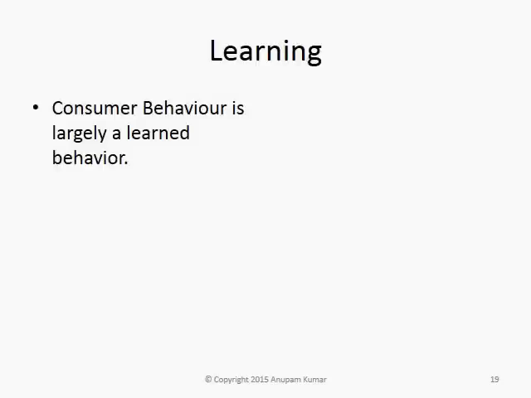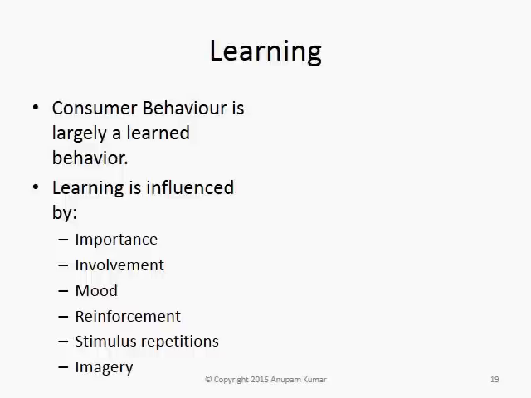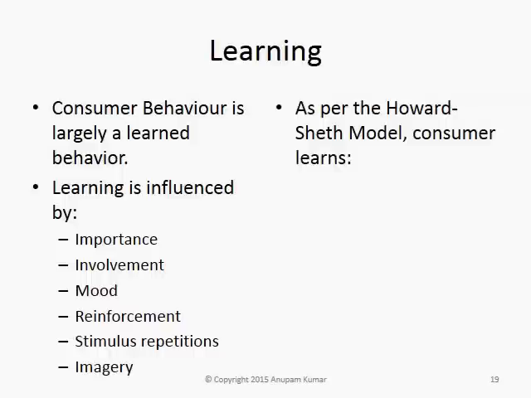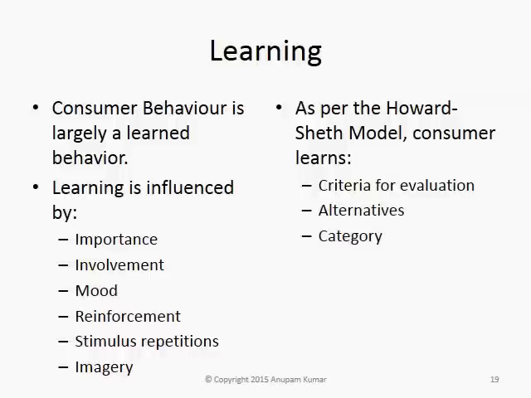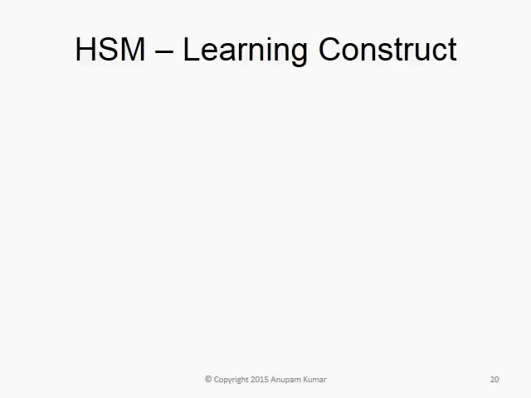Consumer behavior is largely a learned behavior. Learning is influenced by importance, involvement, mood, reinforcement, and stimulus repetition. As per the Howard-Sheth model, the consumer learns about criteria for evaluation, alternatives, category, preference, consumer goals, information about brands, and the buying intentions. Let's come back to understanding the learning construct.